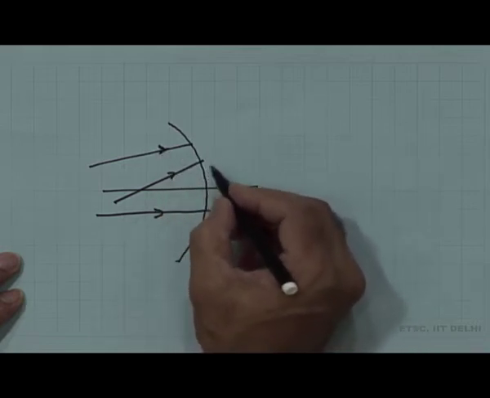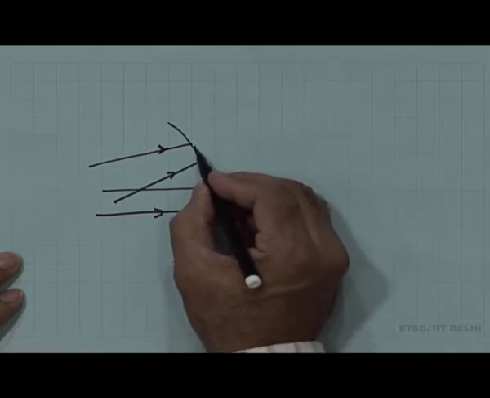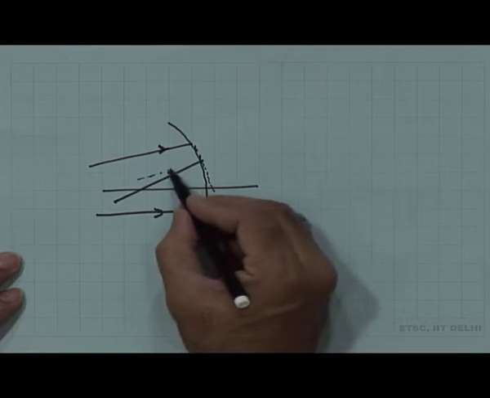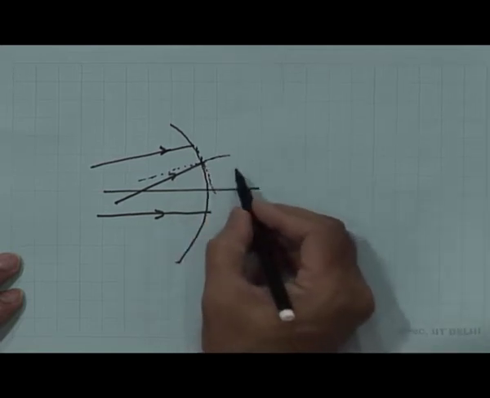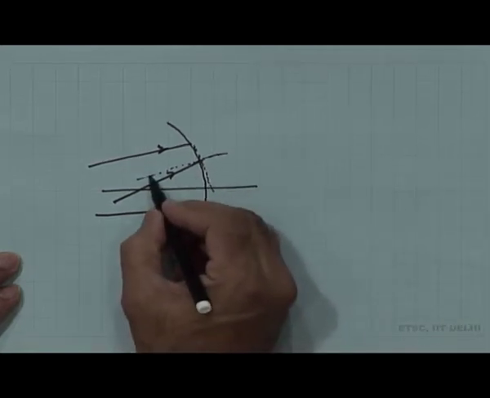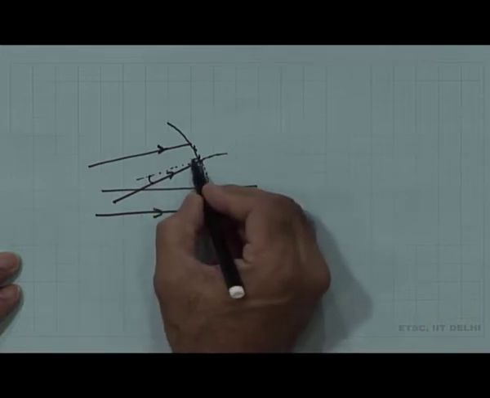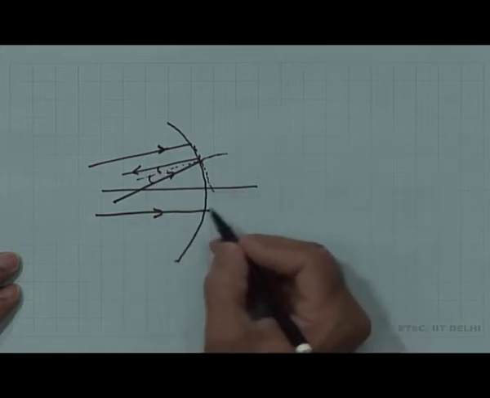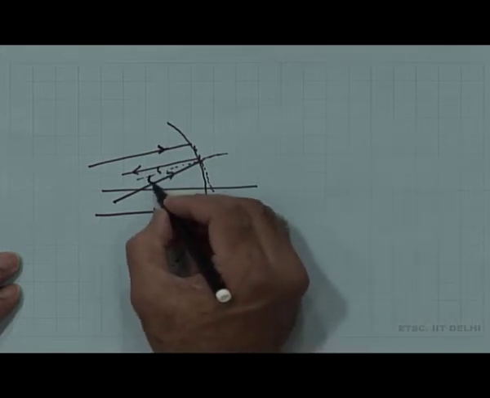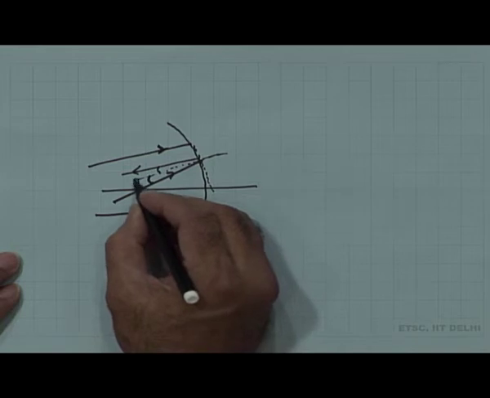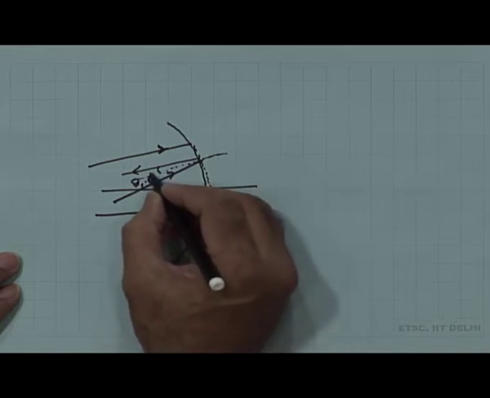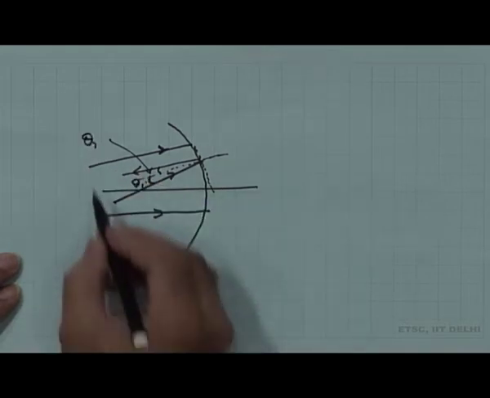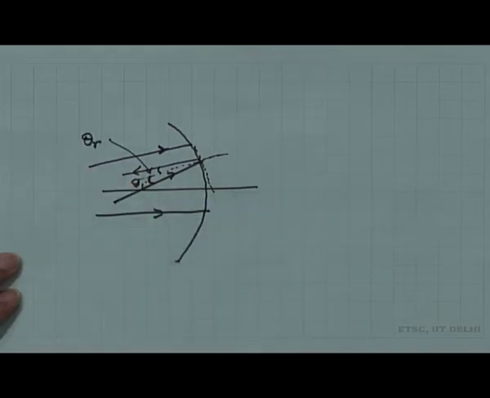The rule is that at the point of incidence you draw a tangent and then draw a normal, and then we know that if this is the angle of incidence, the reflected ray must go in a direction such that the angle of reflection is equal to the angle of incidence. So, this is theta i and this angle here, let me mark it, is theta r, theta reflected.